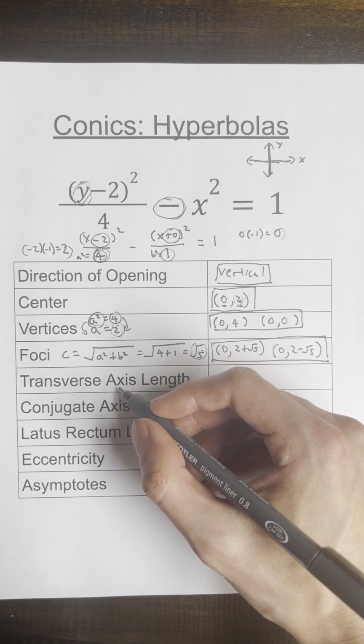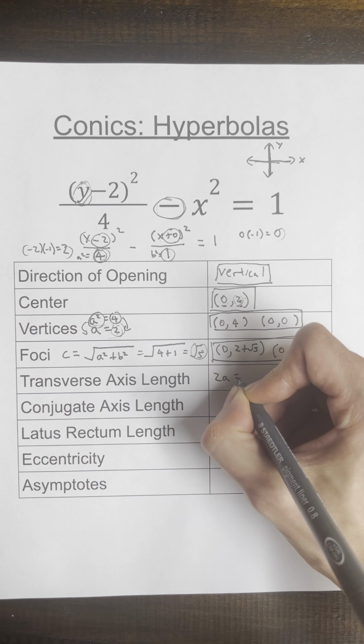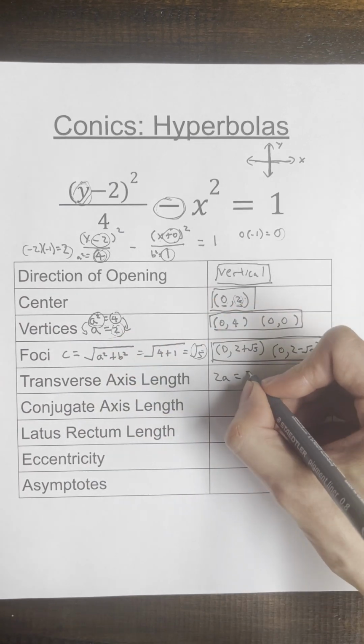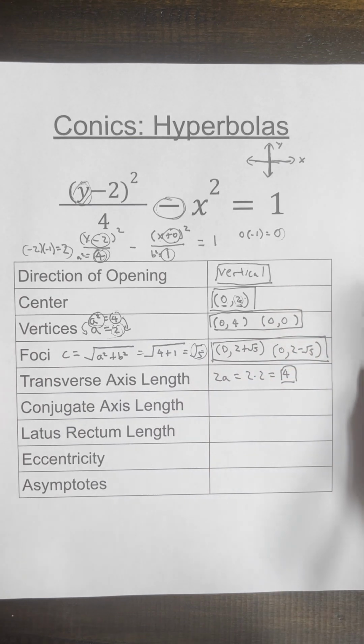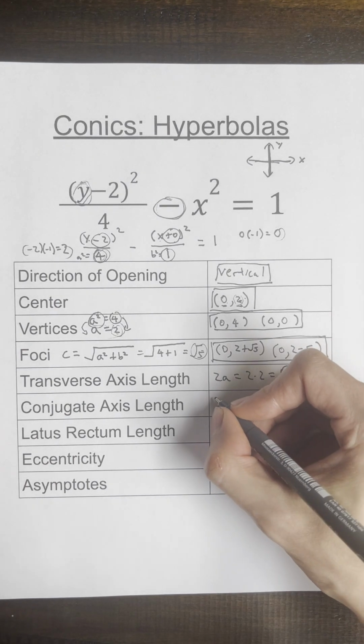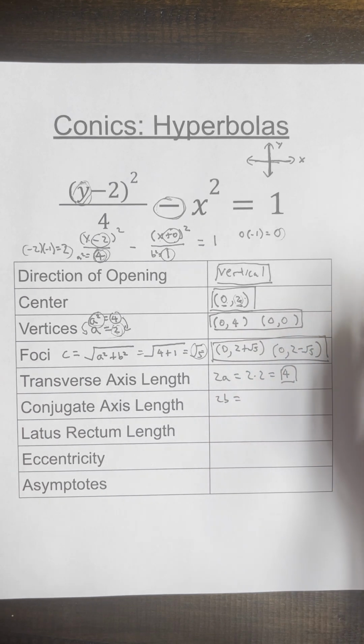To find the transverse axis length, what formula did we use? We used the formula 2a, so 2 times a, 2 times 2. How about the conjugate axis? What formula did we use for that? We used 2b. And b was how much? How did we figure out b?